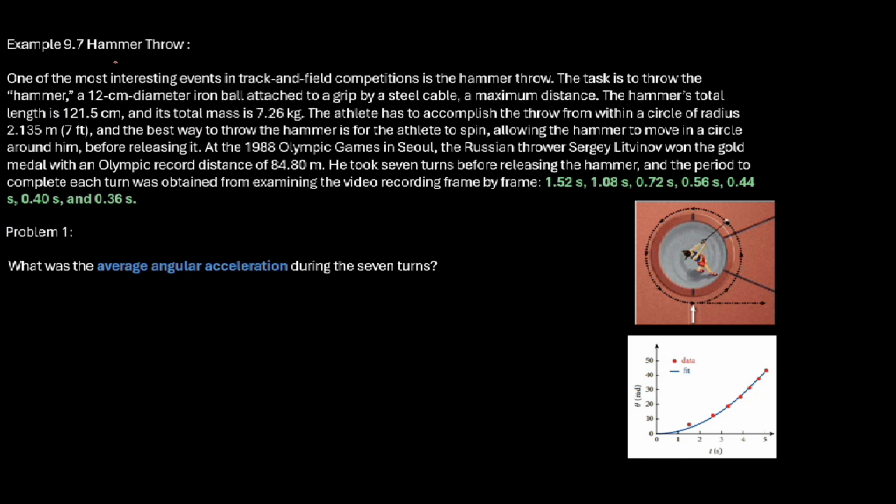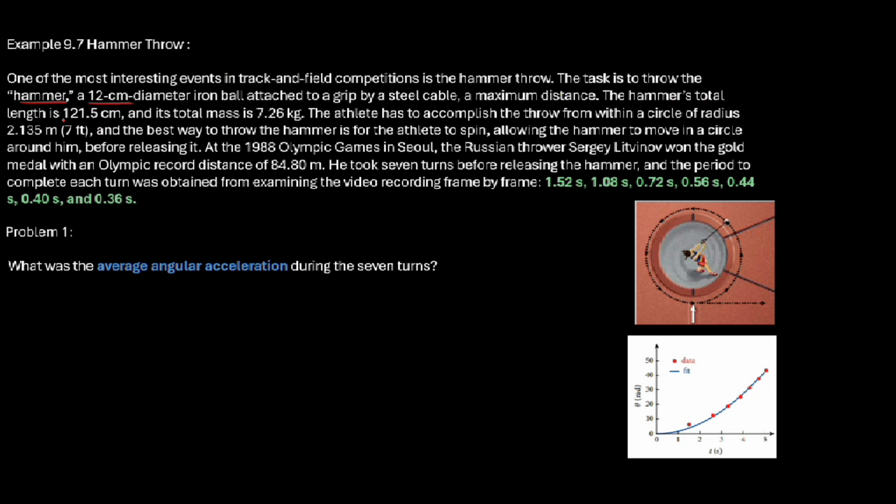Example 9.7, hammer throw. One of the most interesting events in a track and field competition is the hammer throw. The task is to throw the hammer, a 12 centimeter diameter iron ball attached to a grip by a steel cable, a maximum distance.